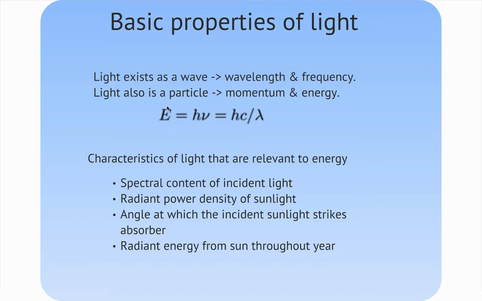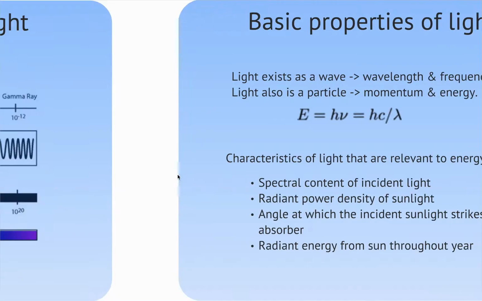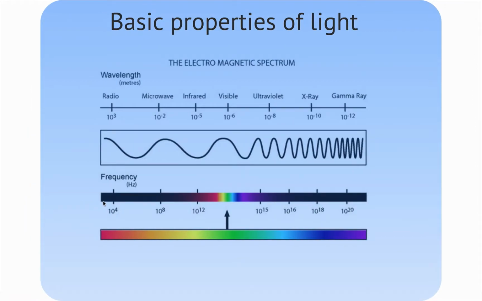So you can see the energy is directly proportional to frequency, which is consistent with our intuition here. I told you this is frequency increasing from left to right. It's oscillating faster as you go from left to right, and the energy is also increasing. In fact, they're linearly proportional.